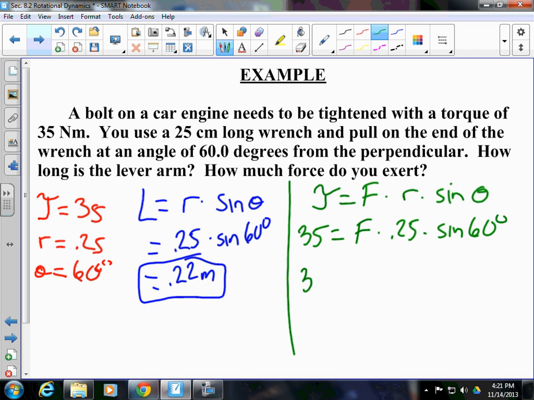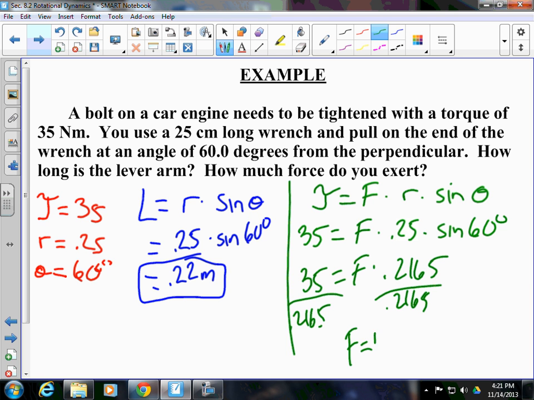Do a little math, we get 35 is equal to F times 0.2165. We divide, and our force equals 162, but we are confined to 2 sig figs, so our answer is 160 newtons.